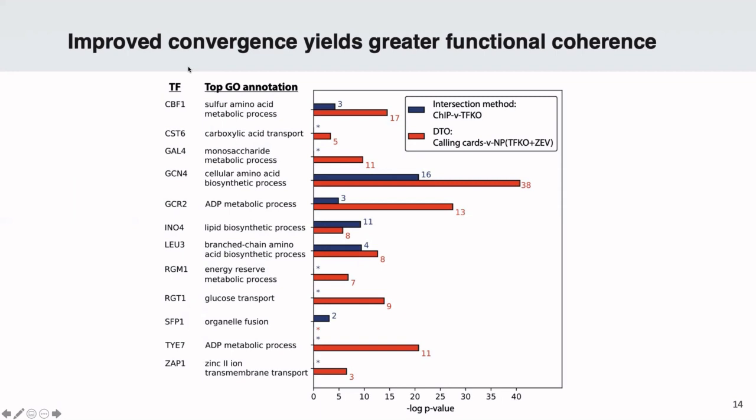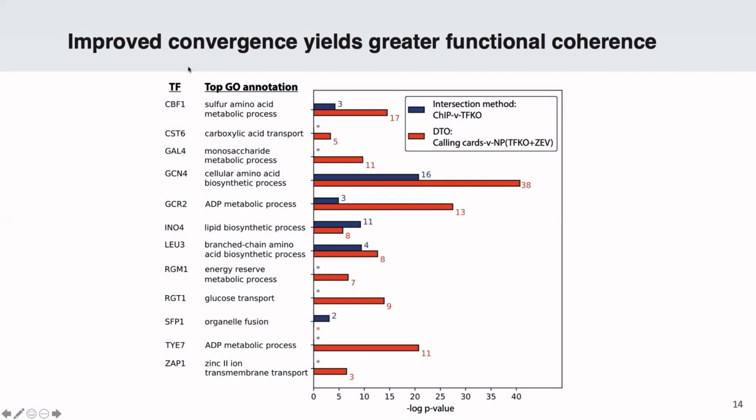What I'm showing here is my analysis of the output of the network from two methods: the intersection method that uses ChIP and the TF knockout, and the intersection of the TF binding locations from ChIP and the network inference processed data from the two response sets using DTO.